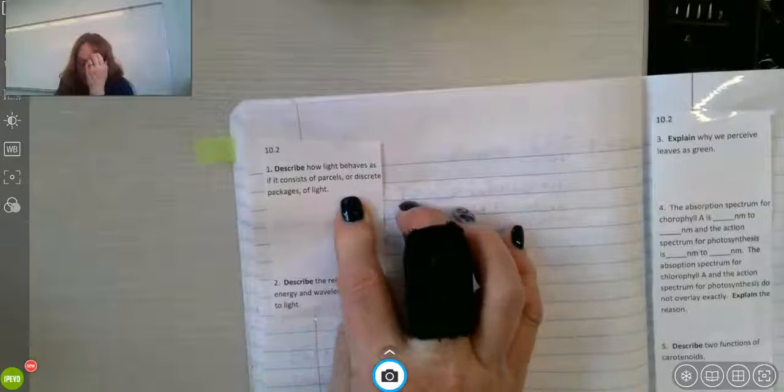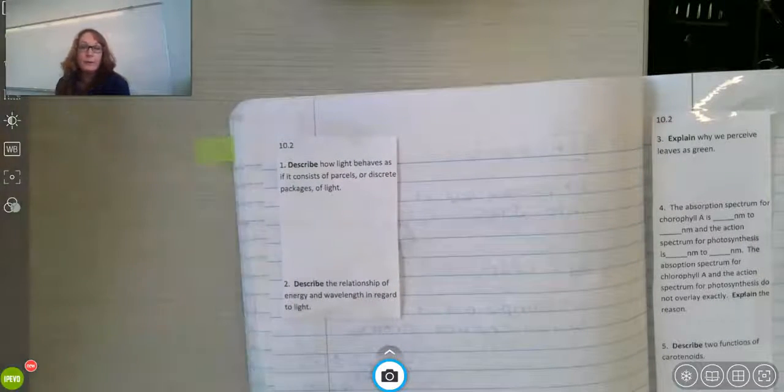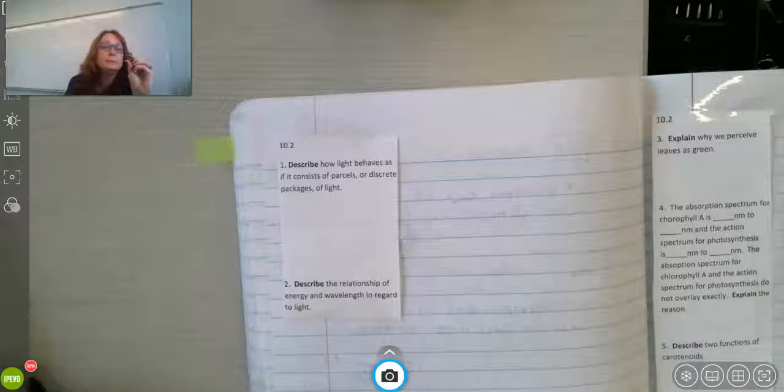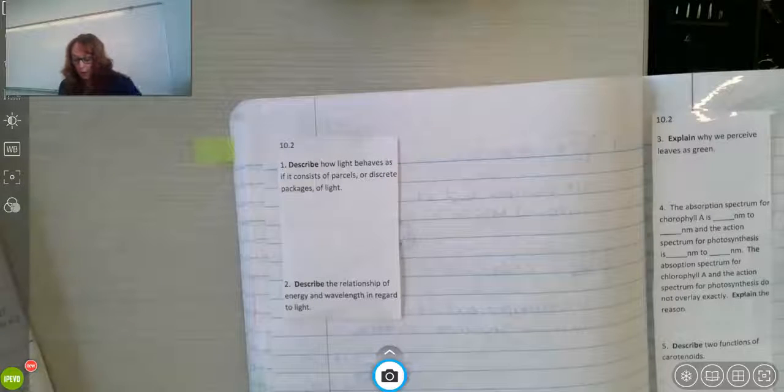So light is this odd, both a wavelength and like a little package, a certain like specified amount. And it all has to do with wavelengths. So we'll start off with that.